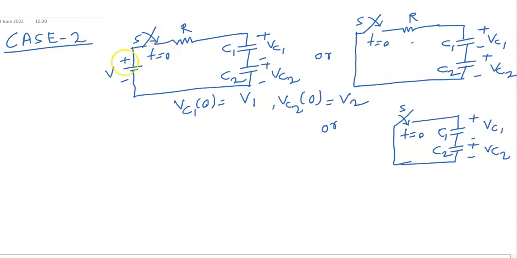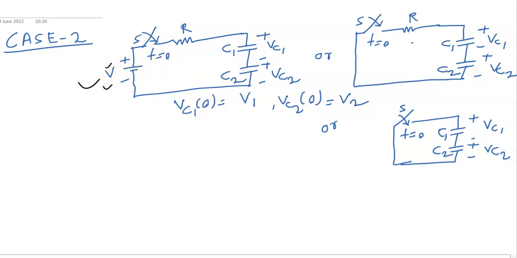Qualitatively, what happens when the switch is closed at t equal to 0: if the applied voltage is greater than the summation of the two capacitor voltages, the capacitors will charge, and if the applied voltage is less than the summation of the two voltages, they will start discharging and ultimately find an equilibrium.